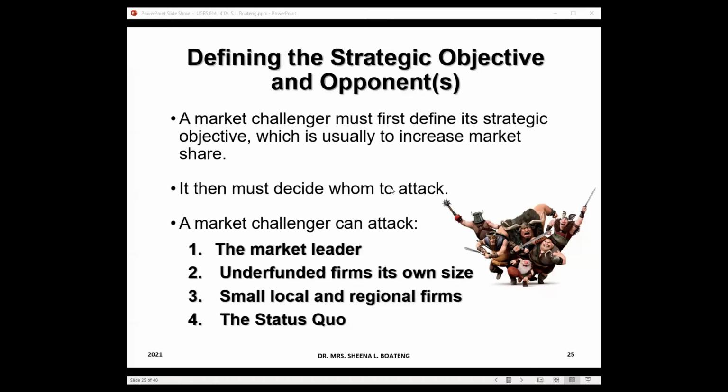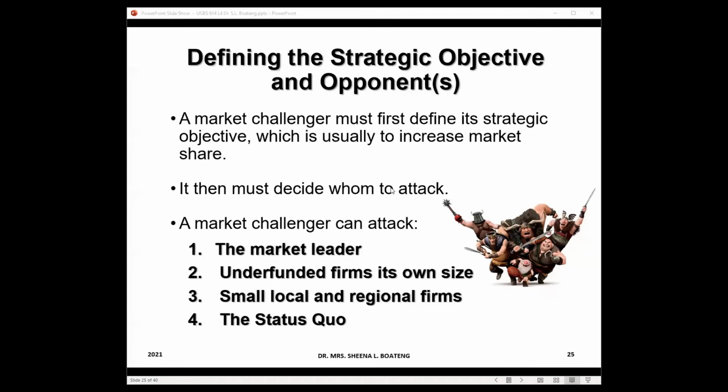So the market challenger would usually define a particular strategic objective for their competitive strategy and decide which opponents they specifically want to go after. And here there are a number of opponents that the market challenger can decide to attack. The first one being the obvious one, the market leader, is the first one that they would consider.